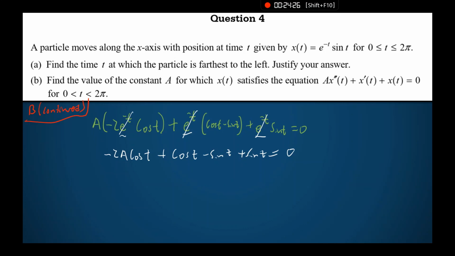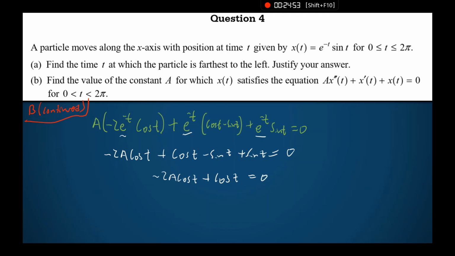Okay, so I can combine these now. The negative sine t and the positive sine t will cancel. So that leaves me with negative 2a cosine t plus cosine t equals 0.